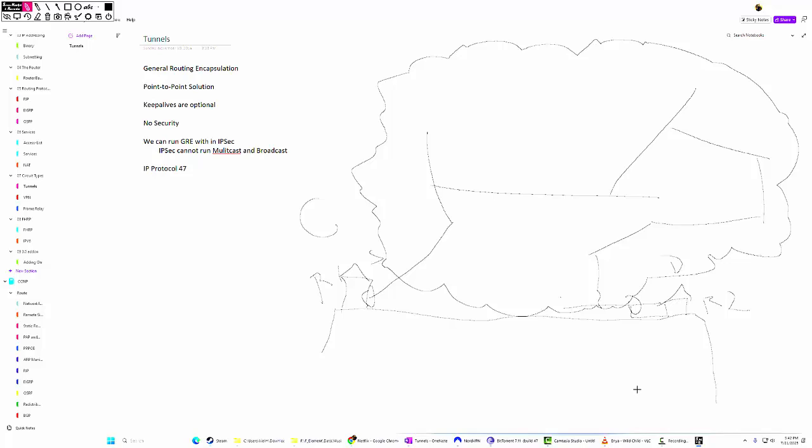Now that's good, but every time I have to know that this interface is valid, I have to physically go on this router and ping it and say, all right, I'm getting replies back, and that interface is valid.